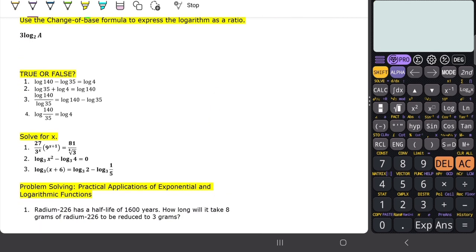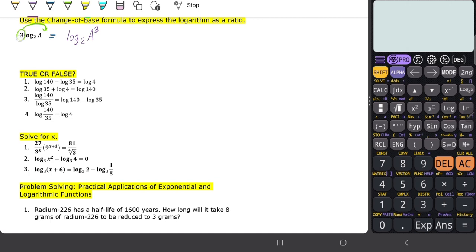Next, so problem set 3. Use the change of base formula to express the given log as a ratio. Okay? So what we can do first is to apply the power rule. Okay? So itong coefficient na 3 dito sa unahan, pwede nating ilipat sa argument. So this becomes log base 2 of a cube.